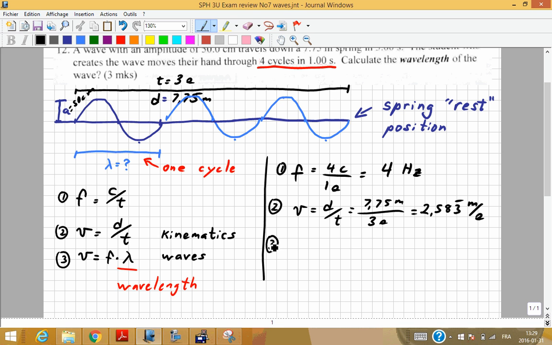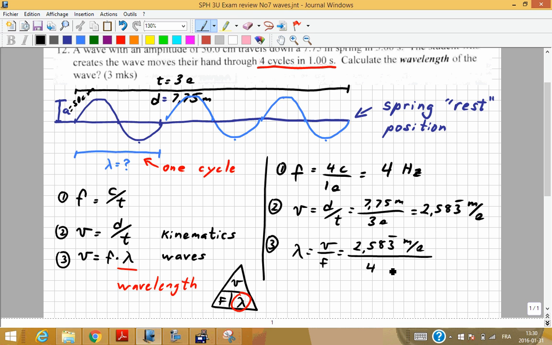Third step now, we want to find the wavelength. So you might find it easier to do the triangle here. So V equals F lambda. Since we're looking for lambda, that means we will be dividing V by F. So lambda is V over F, and that would be 2.583 meters per second divided by 4.